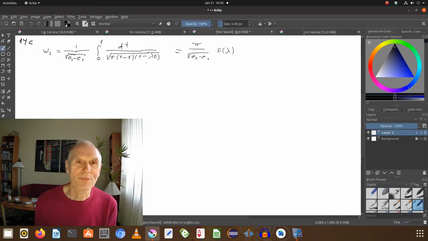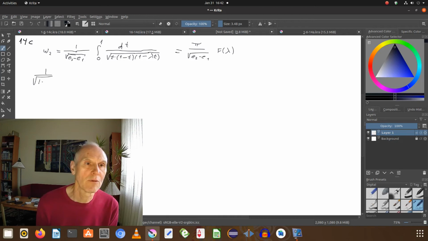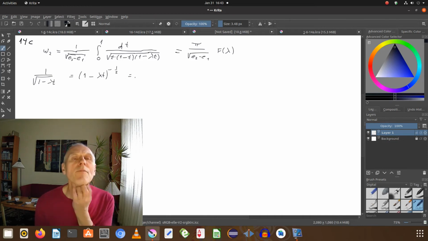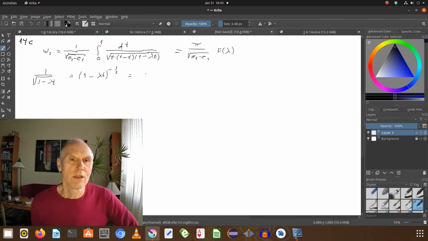So we'll make a power expansion of this 1 divided by square root 1 minus lambda t, and now how is that?